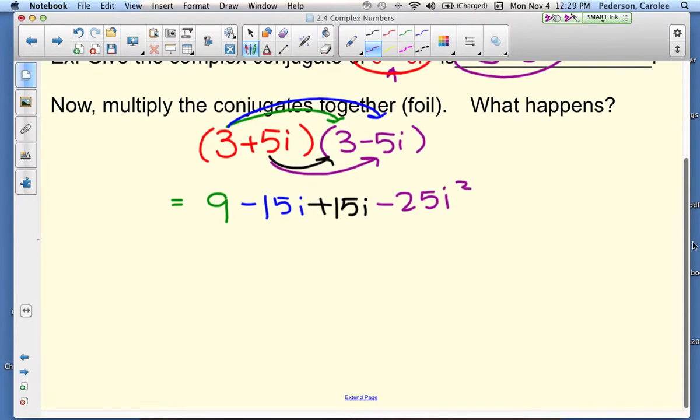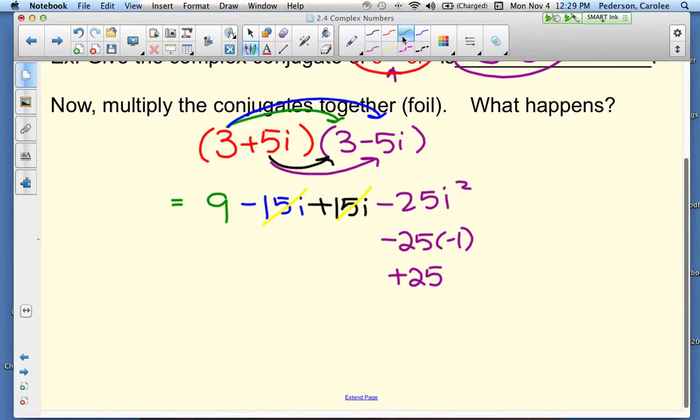Do some simplifying. Remember, i squared can be replaced with a negative 1. Negative 25 times negative 1 is a positive 25. And now notice what happens with the blue and the black. Negative 15i plus 15i cancels out.